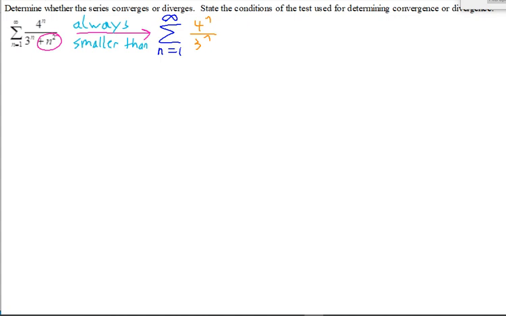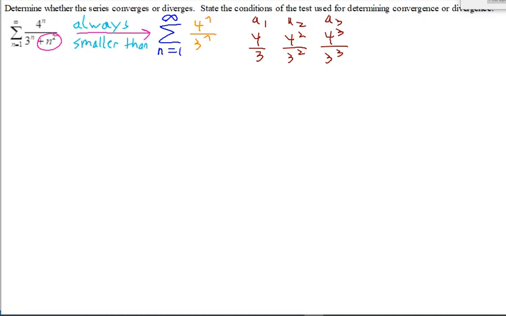So let's see what's going to happen with this. 4 to the n over 3 to the n: if we plug in 1, we get 4/3. If you substitute in 2, you get 4 squared over 3 squared. Then 4 cubed over 3 cubed. So hopefully you can tell this one is being multiplied by 4 on the numerator and 3 on the denominator each time.